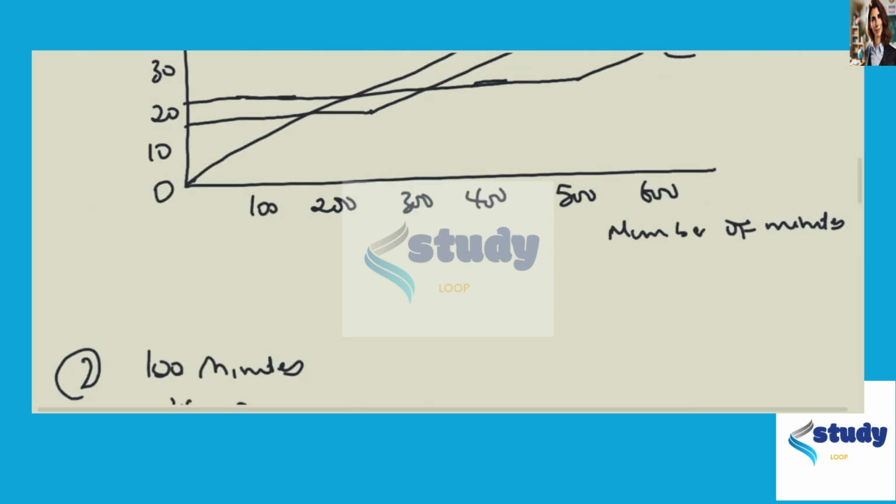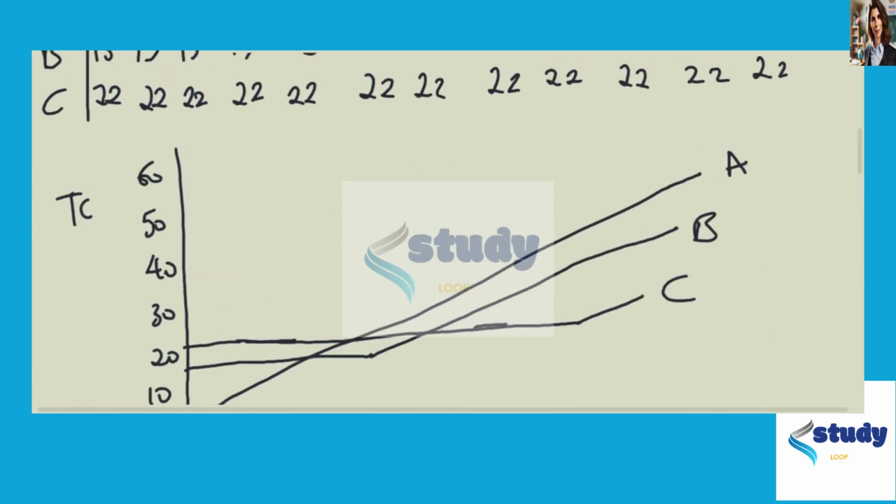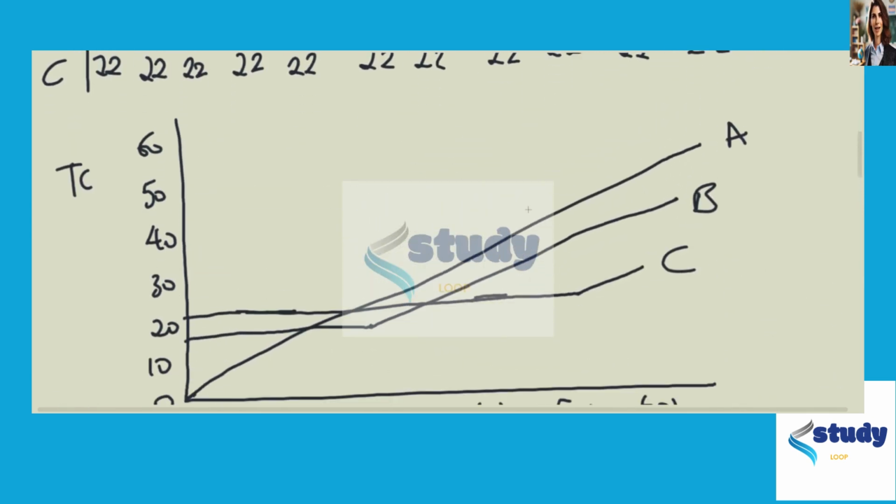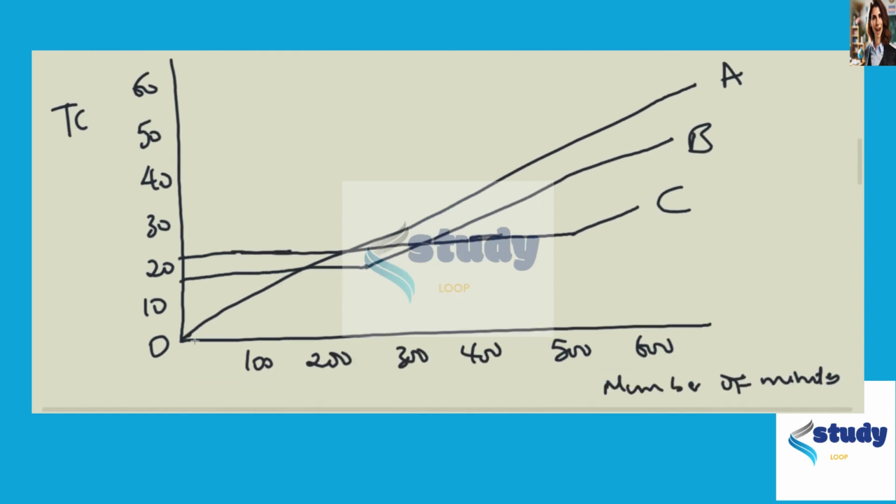If we go back to the graph, we can tell that she should buy plan A for 0 to 150 minutes, she should buy plan B from 150 to 327.5 minutes, and she should buy plan C for more than 327.5 minutes.